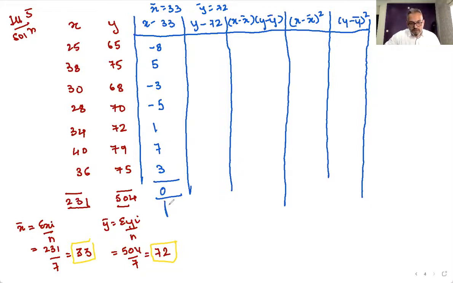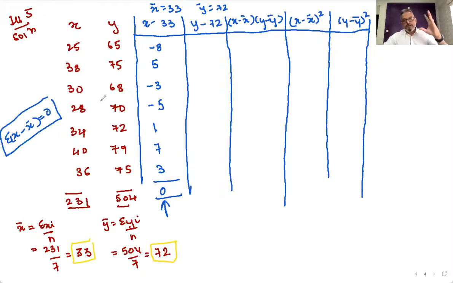This should always be 0 because the sum of deviations of observations from the mean is always equal to 0. We had seen this formula, sigma x minus x bar is always equal to 0. Remember this. If you subtract the mean from all these observations, the total will always be equal to 0. Now why are we doing the total? So that we know there is no calculation mistake.